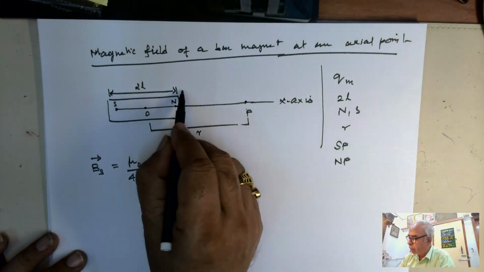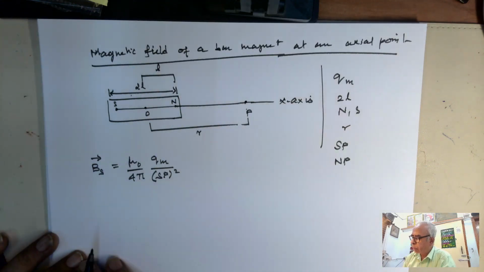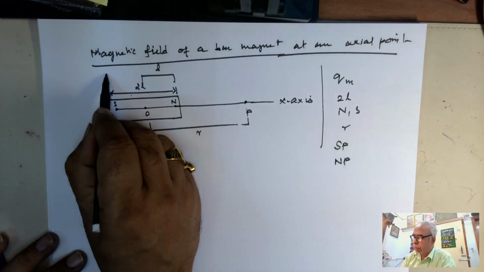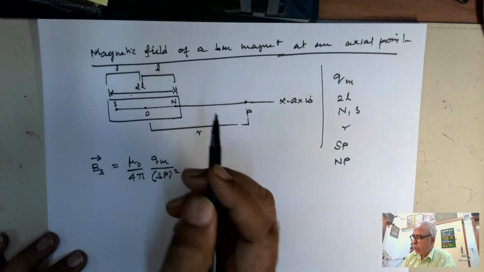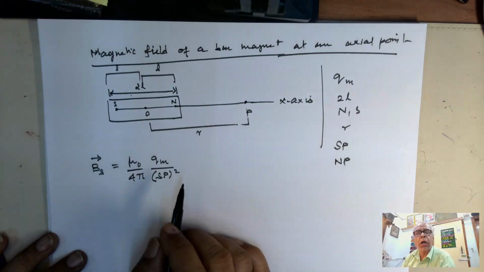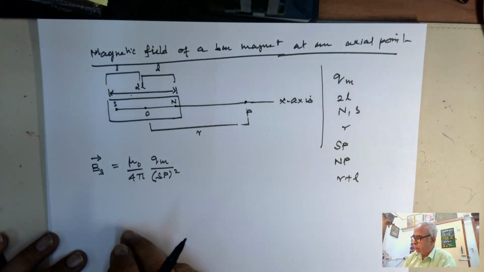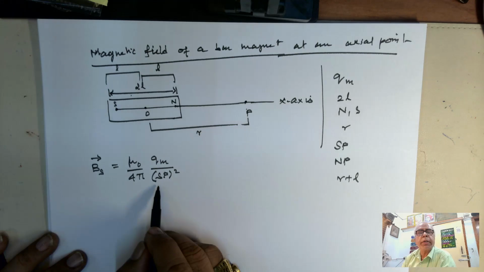Now, if this is 2L, what about this? This is L, and this is also L. So it means this is R plus L. So the distance is R plus L. What do you mean by SP here?